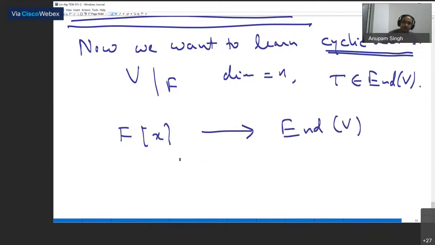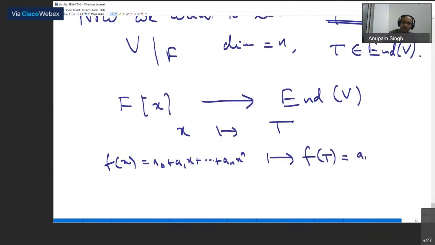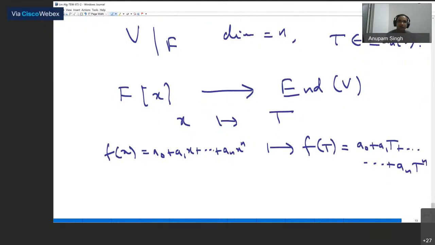So how do I define the ring homomorphism? This will be defined by sending X to T, which if I want to write more explicitly, then some polynomial f(x), which is, let's say, a0 plus a1x plus so on plus anx to the power n, I will send this to f(T), which is a0 plus a1T plus so on plus anT to the power n, right?